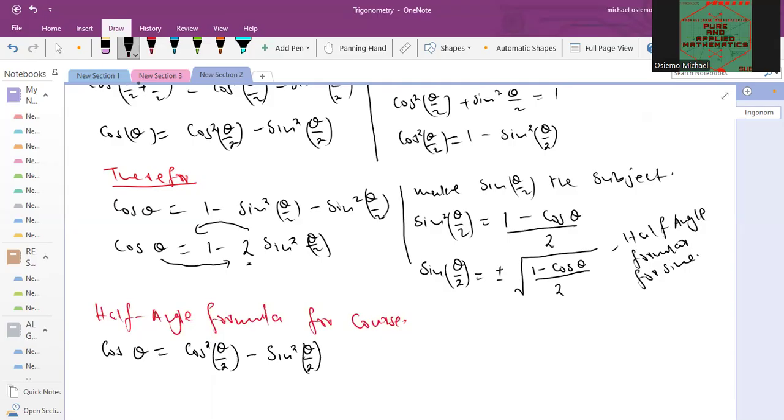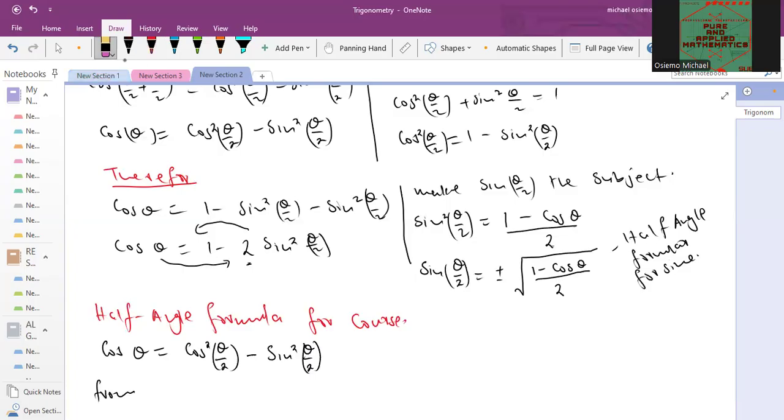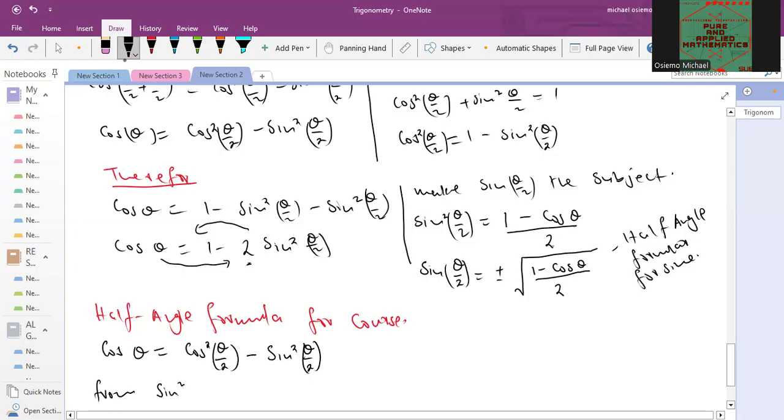So you're going to have, if you check this formula here, cos squared theta over 2 plus sine squared theta over 2 is equal to 1. So we have sine squared theta over 2 being equal to 1 minus cos squared theta over 2.